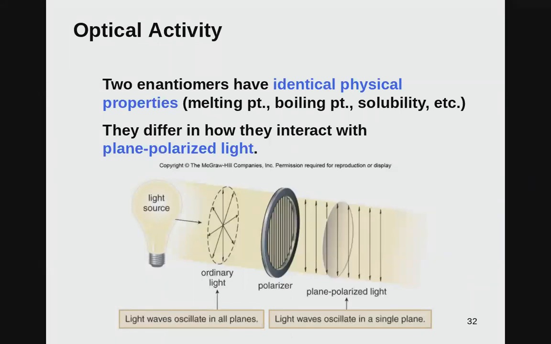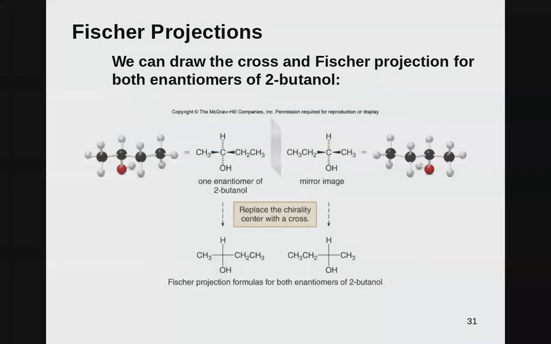Now, there are some really interesting optical activities of enantiomers. Two enantiomers have identical physical properties: melting point, boiling point, solubility, et cetera. They're the same molecule. If this is going to be soluble in water because of the hydroxyl group, well, this has a hydroxyl group too, thus it is also going to be soluble in water. Same chemical formula.